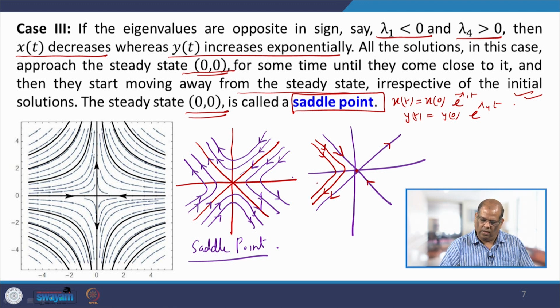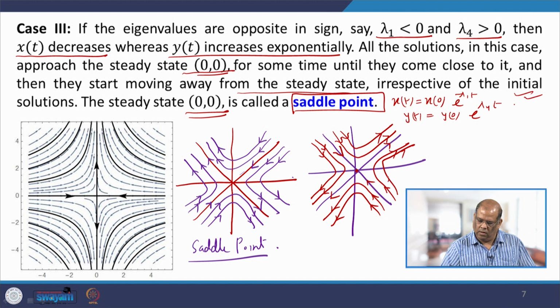Similarly here also, from this side to this side, the arrow is like this. So, this is the figure of the saddle point.